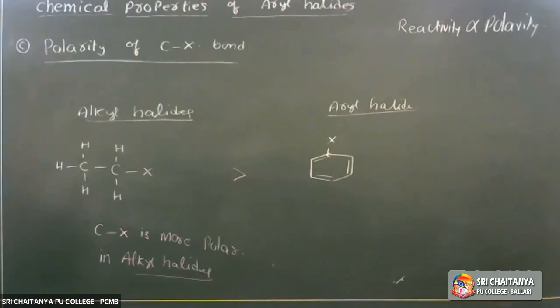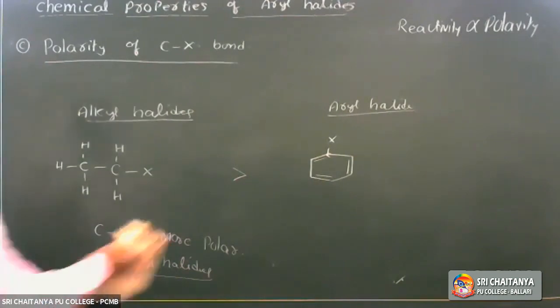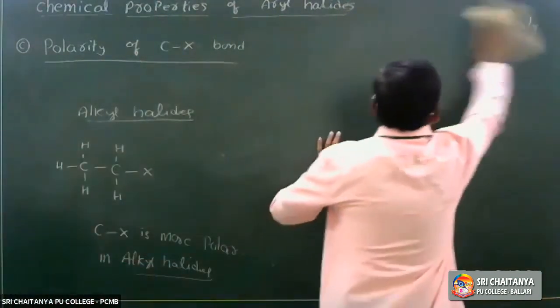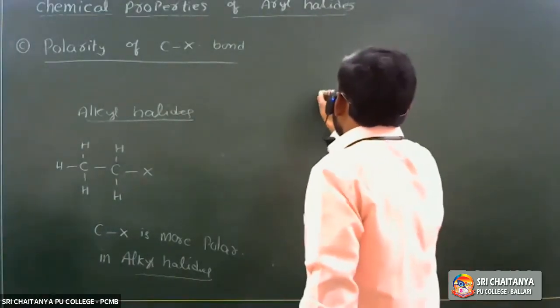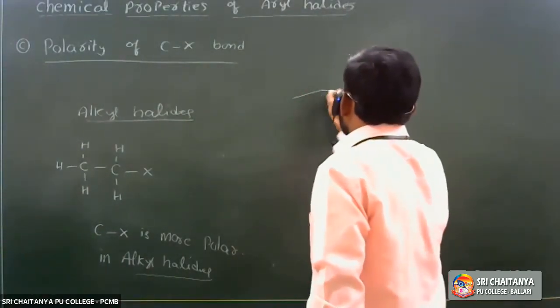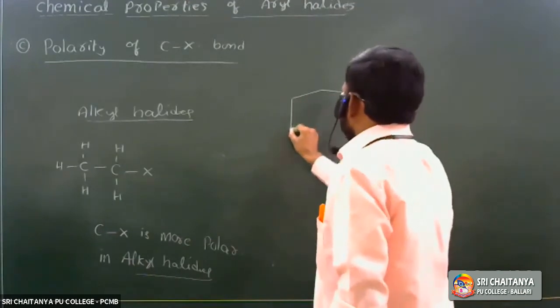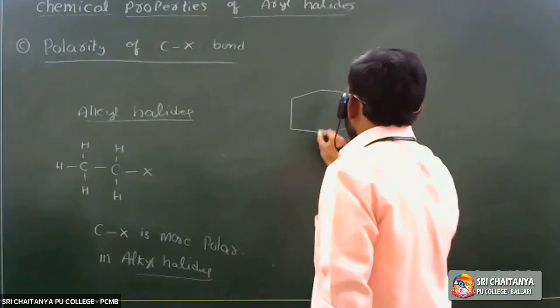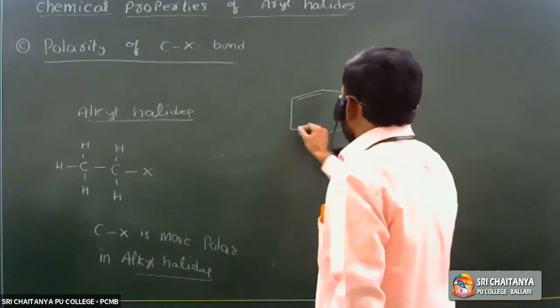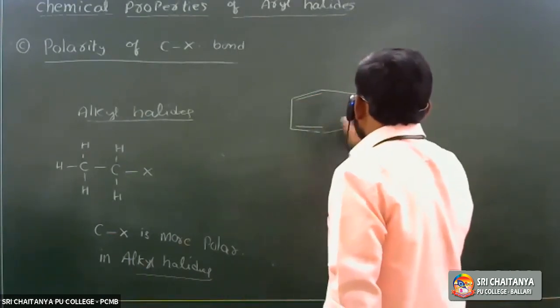So, what is the reason? There are two types of effects in haloarenes. It has a benzene ring, with pi bonds in alternate positions.